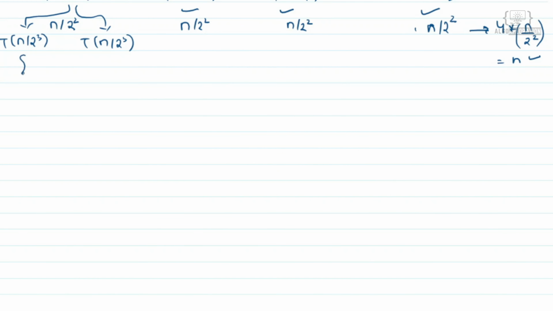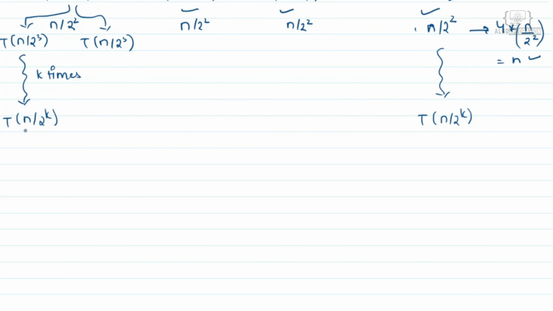Now if we do this for k number of times, this will be T(n/2^k). Similarly here also, because it turned out to be a balanced tree, T(n/2^k).